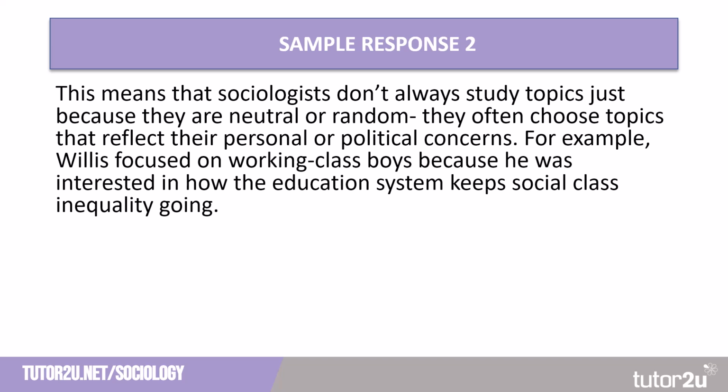They often choose topics that reflect their personal or political concerns. For example, Willis focused on working class boys because he was interested in how the education system keeps social class inequality going. And of course, Willis studied boys from the town that he grew up in. He was from a similar working class background to them. His values therefore influenced the research that he was undertaking.